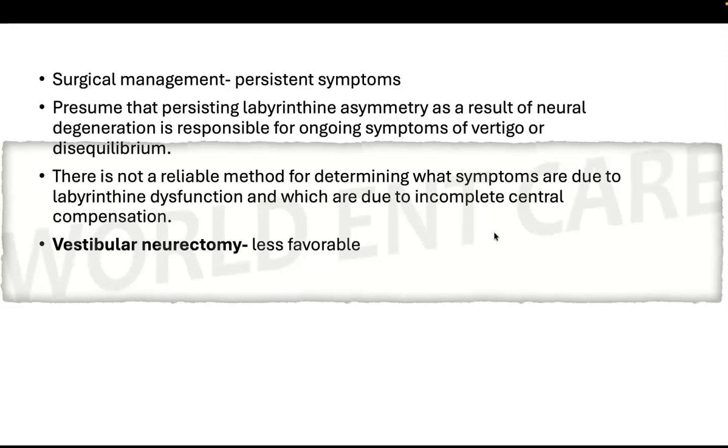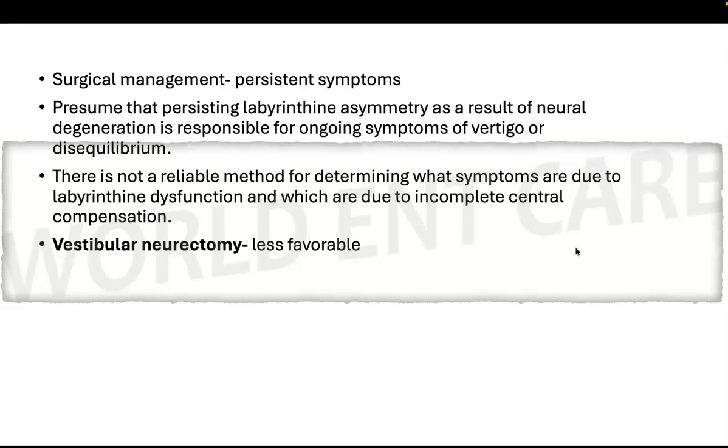There is no role of surgical management, but as per some studies, surgical management can be done for persistent symptoms. It is thought that the indications for surgery are not clear, and it is presumed that persisting labyrinthine asymmetry as a result of neural degeneration is responsible for ongoing symptoms of vertigo and disequilibrium.